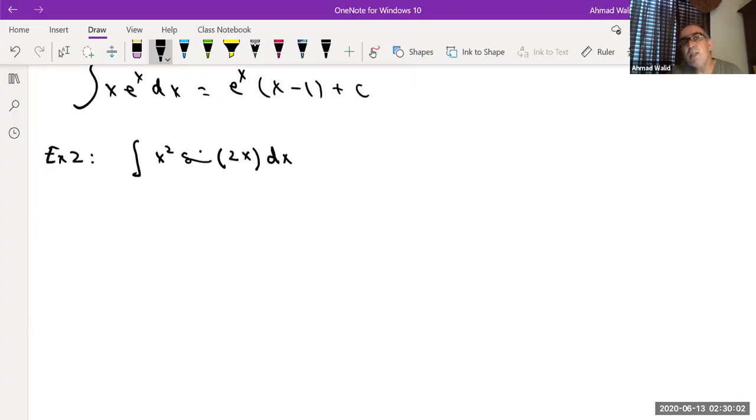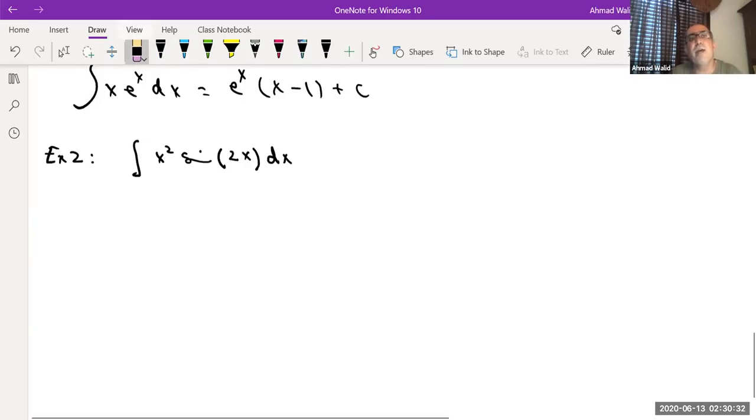Do you see the derivative of inside, outside? Do you see g prime outside? No. If this one was 2x cubed, for example, if it was 2 sine of 2x cubed, yes, I would use substitution easily. No problem. No need for by parts. But right now, I don't have that 3 there, right?